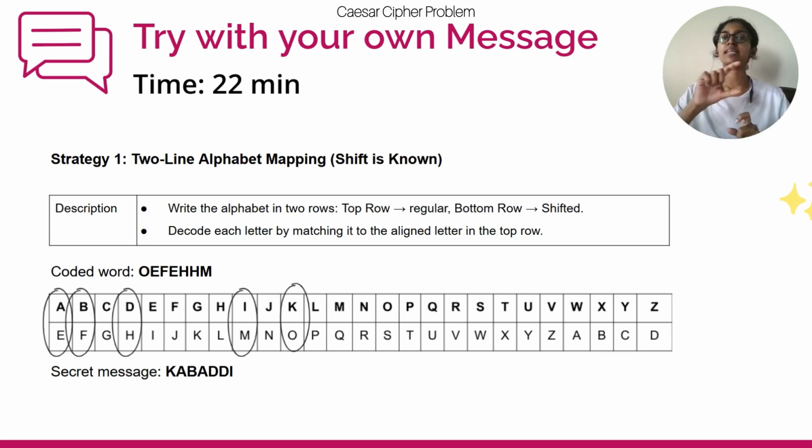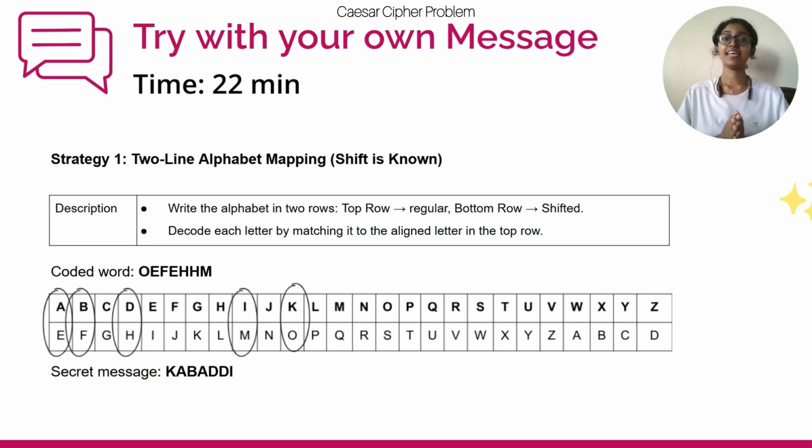The first row is the regular alphabet from A to Z, and the bottom row is a shifted alphabet which has a +4 shift. For example, A is replaced by E, B is replaced by F, and so on. They will map that A becomes E, B becomes F, and so on. And that is how the message Kabaddi has been coded as the coded message given here.